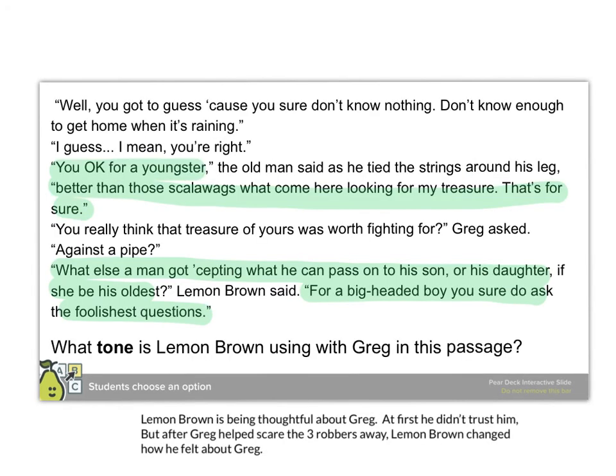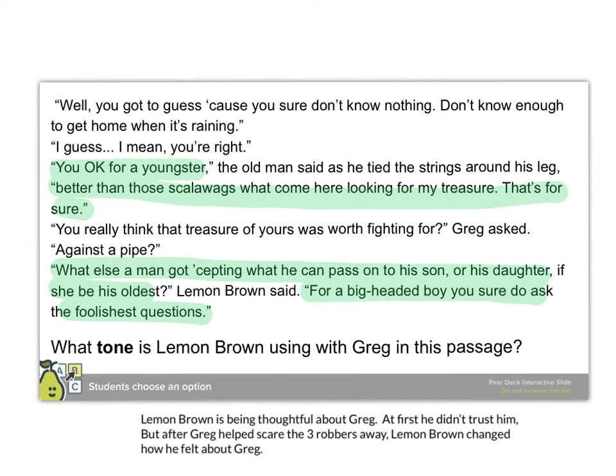And in this last passage, we get a sense that in the beginning, Lemon Brown was suspicious of Greg. He was ready to slice him up nine ways to a week and assumed he was there to rob him. But then as Greg helps rescue Lemon Brown from the three robbers, Lemon Brown definitely changes how he felt about Greg. So here's some passages that give you a sense of the tone. You okay for a youngster.